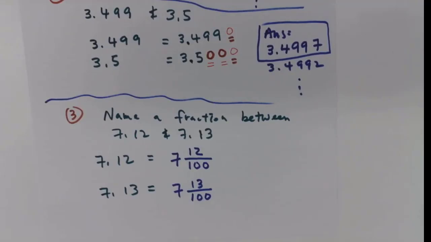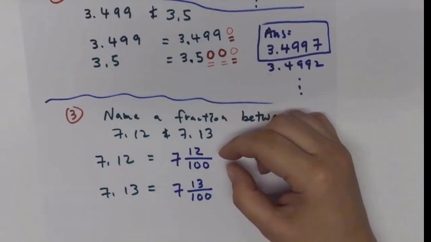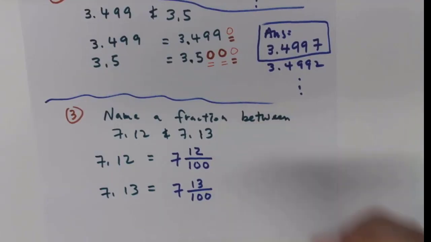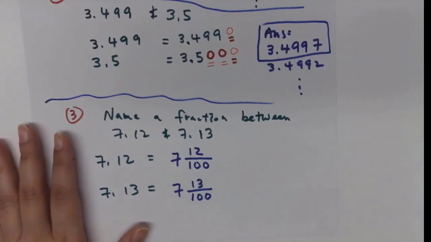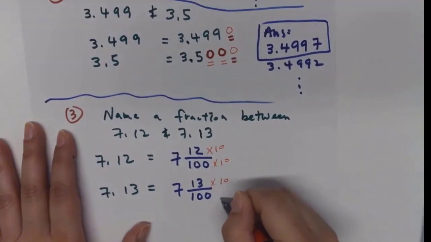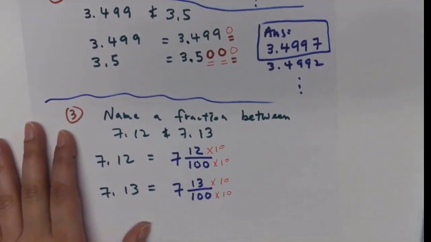Add a 0, okay? So if you're just adding 0, which means you are adding 0 where? Top and bottom. That's essentially mean you're multiplying a 10 on top and 10 at the bottom, right? So you're just expanding them to an equivalent fraction. So either way, you can multiply by 10 or you just add a 0 at the end. Either way is okay. But if you're not doing multiply by 10, at least use a different color so I know that's what you did there, okay?